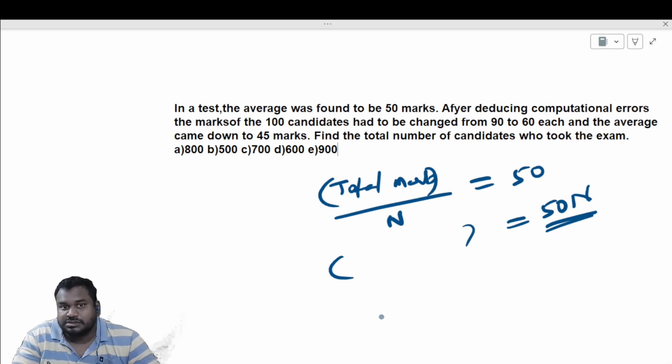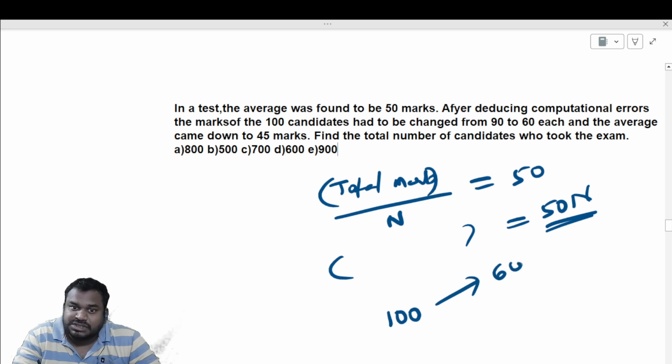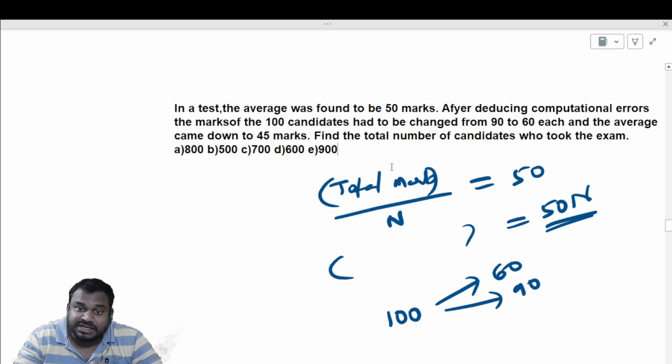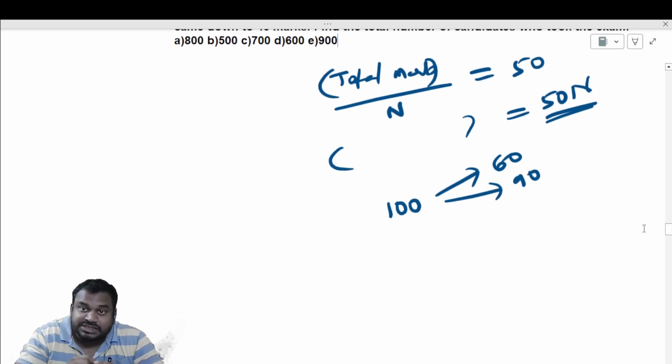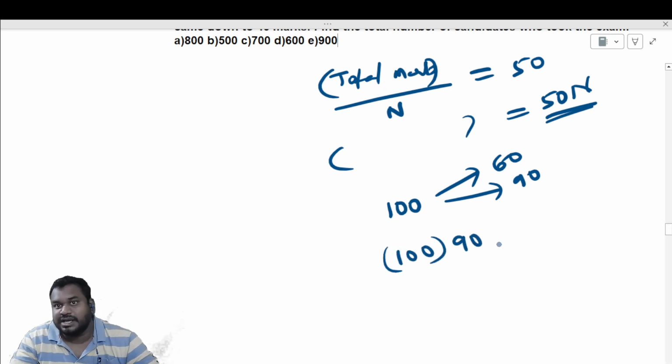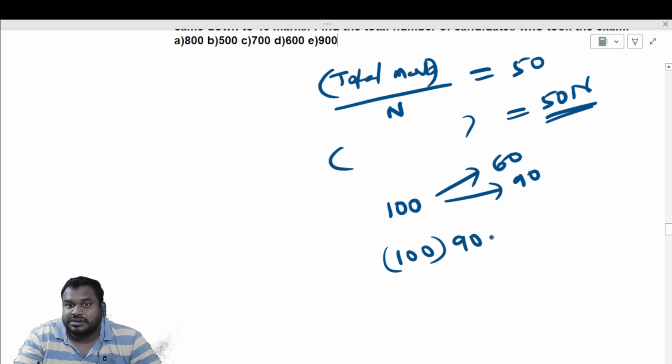There was an error. For 100 students, instead of giving 60, they gave 90. That means they gave extra, and that extra mark should be subtracted. What is that extra amount? 100 into 90 they gave, but 100 into 60 they had to give.